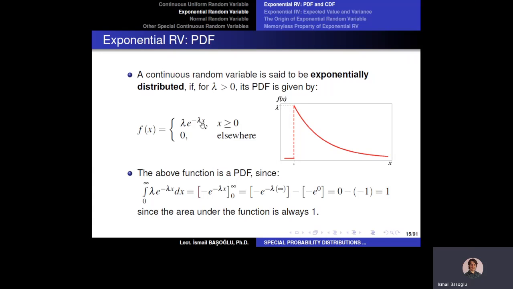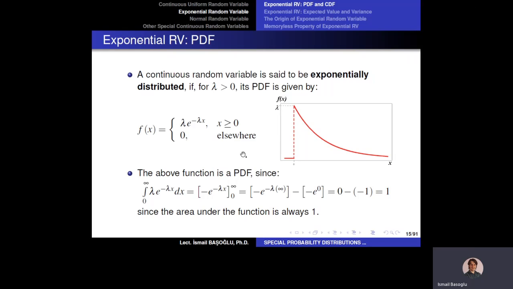And as x increases, because lambda is positive and the power of this number e is negative, it is going to converge to 0 as x increases. So this is a converging function that decays to 0 as x goes to infinity.